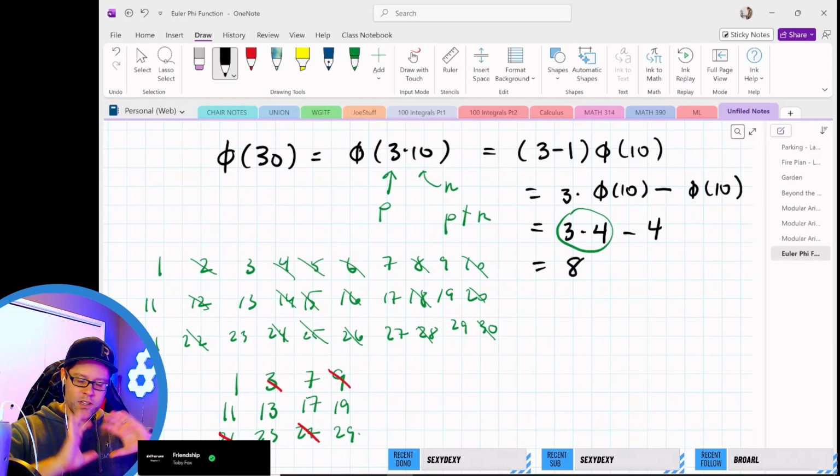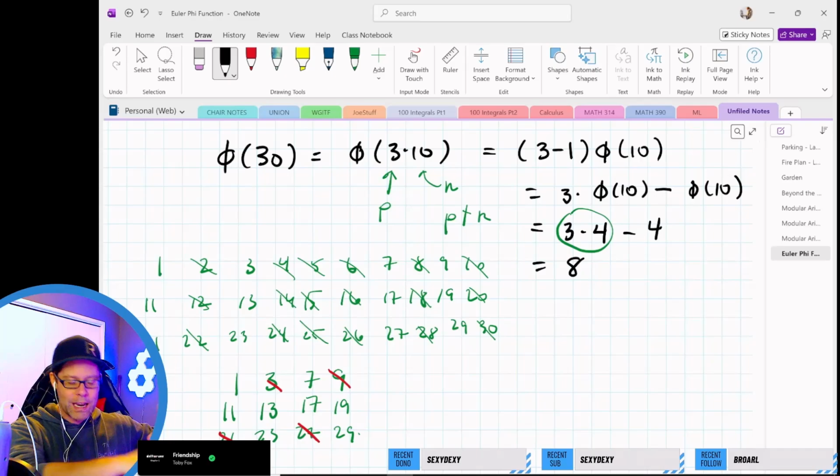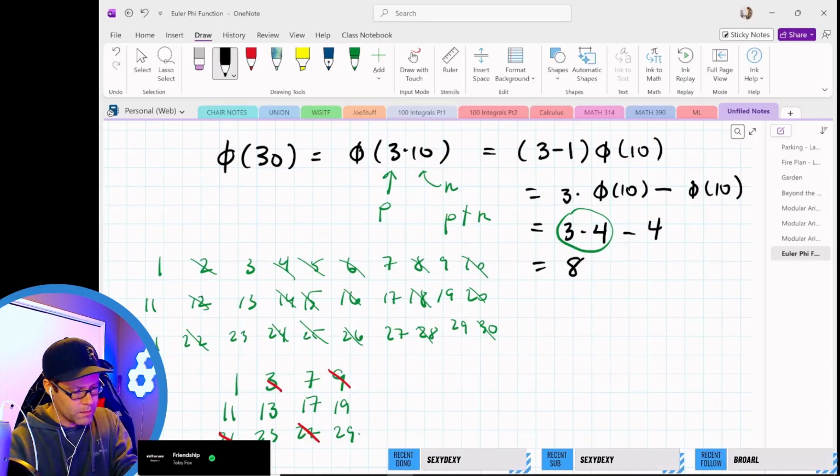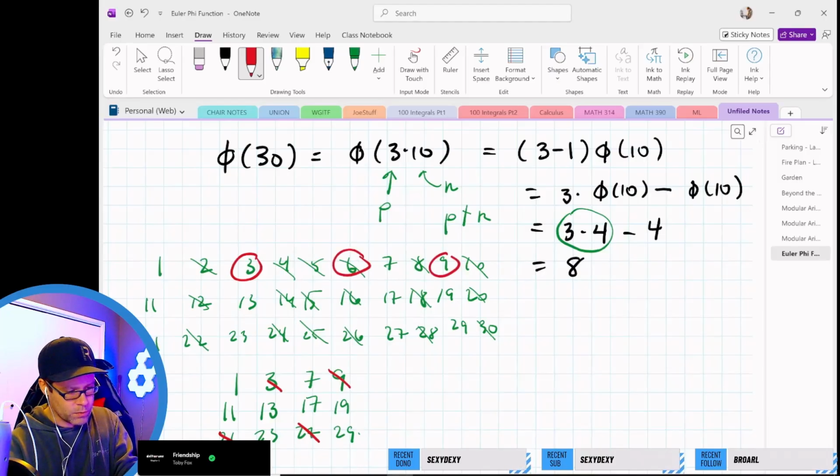It's saying, deal with the 10 and then come back, and it turns out that phi of 10 is exactly the number that I need to remove from the original number in order to get the updated number, right? So those are exactly the multiples of 3 that haven't been crossed out already. If we go back and look at the overall structure, here are our multiples of 3: 21, 24, 27, and 30.